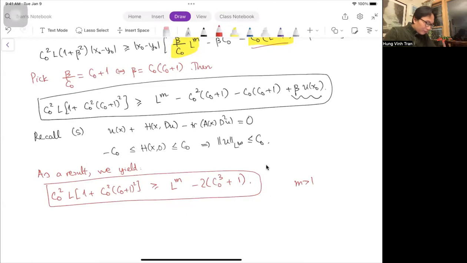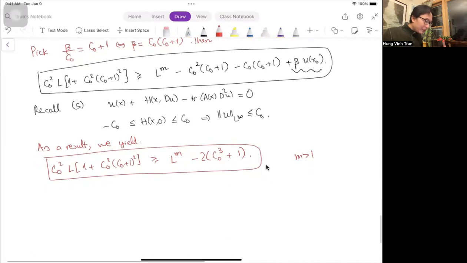So you can see that if L is going to infinity, the right-hand side is going to be growing faster than the left-hand side, and hence by some tedious calculation, you can compute how L depends on C naught, but this implies that L has to be bounded. Not too large, right?